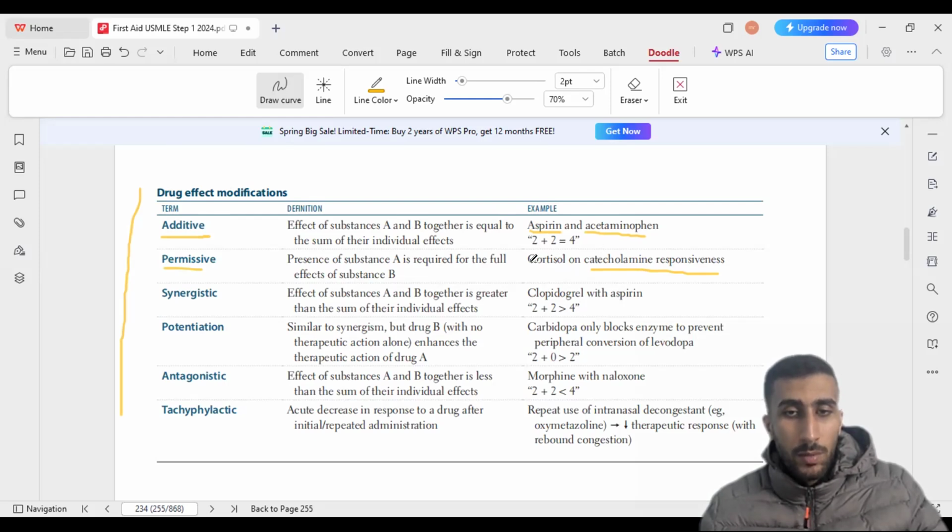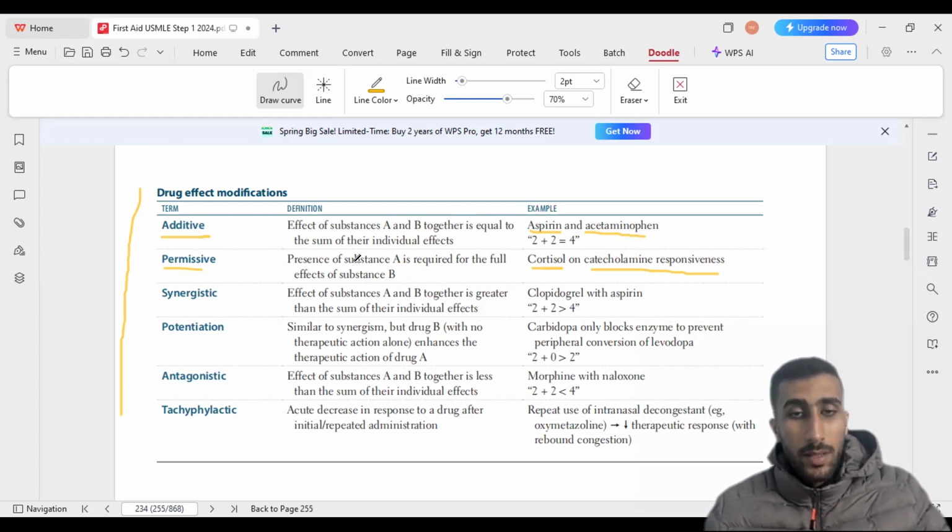Cortisol itself is needed for the full effect of substance B. In the absence of cortisol, catecholamines will vasoconstrict the vessels, but cortisol's presence is permissive. It permits catecholamines to reach maximum responsiveness. So this is the permissive effect, where one substance is required for the full effect of another substance.